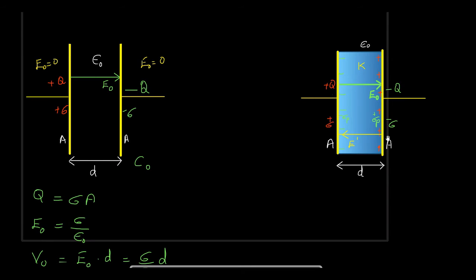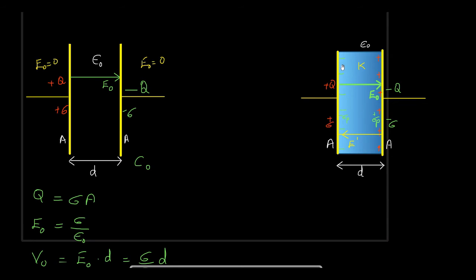The other plate is having charge density minus sigma, charged with minus Q. Plate area A each. Plates are separated by the distance d apart. So, between the two plates, an electric field E0 exists.